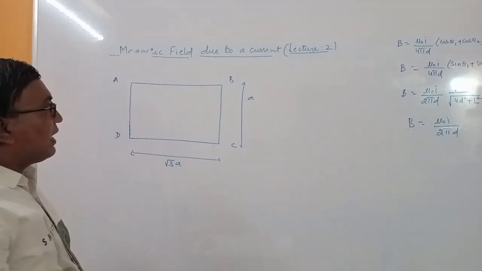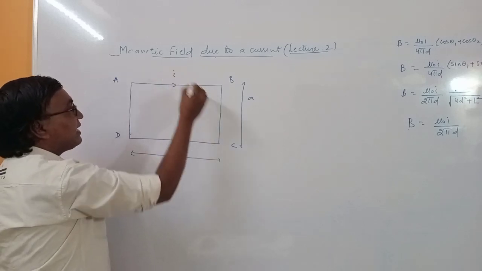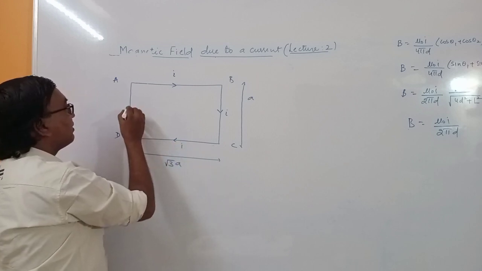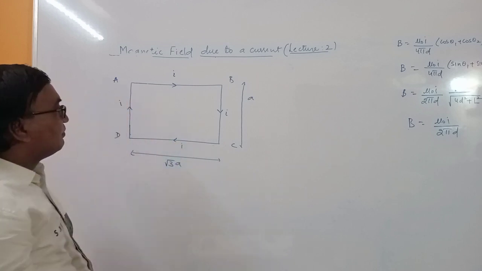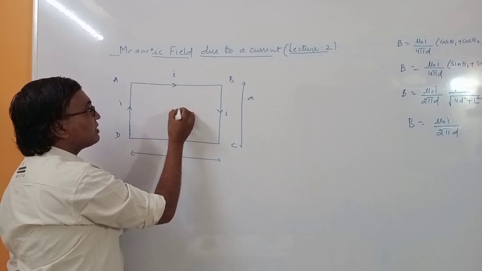Fine. Now again we have to find out the magnetic field due to this loop which is carrying a current I. इसमें जो करंट है वो I at its center, center पे ही निकालेंगे. So this is point P.